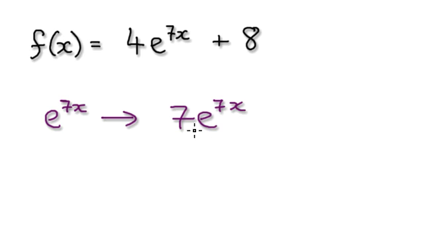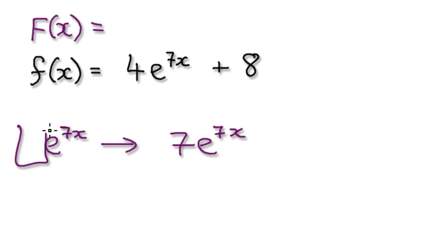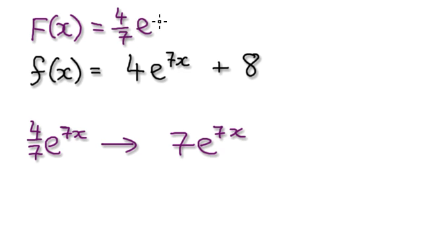Okay, but then you want a 4 here. So we're going to adjust this to something over 7. We want the 4, so this is our adjustment here. So it will be 4 over 7 e to the power of 7x.